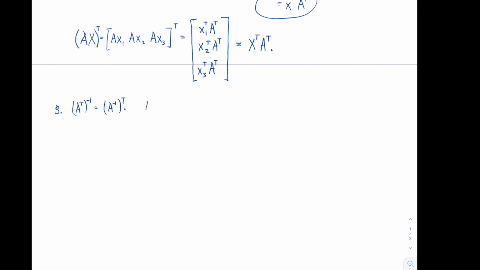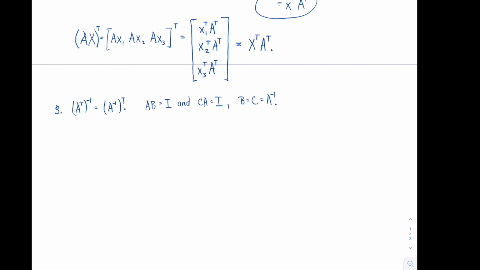Well, if you recall, we said earlier that if you have a matrix A times B, and that equals I, and if you have the matrix C times A, and that also equals I, it means a few things. It means that B is equal to C is equal to A inverse.